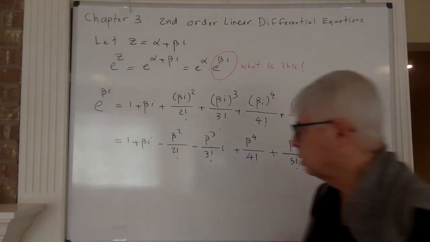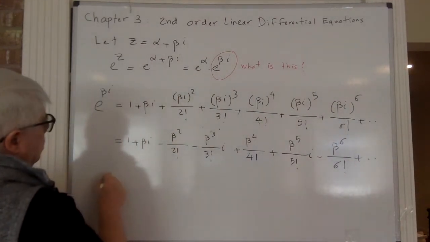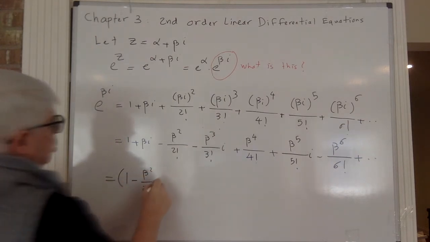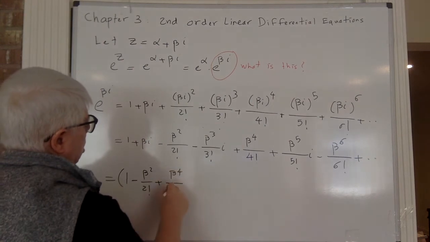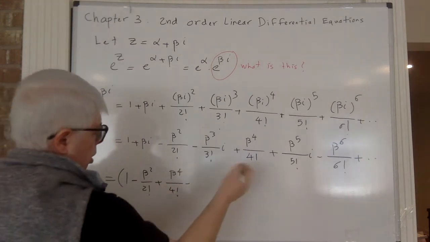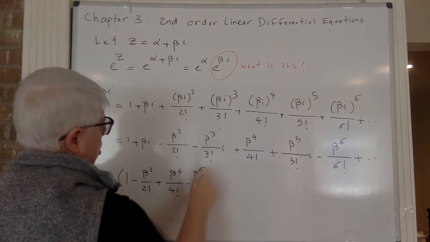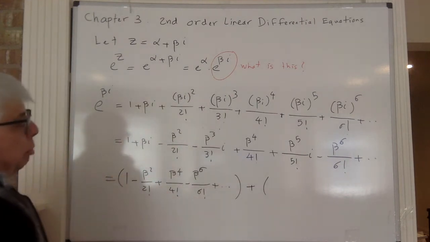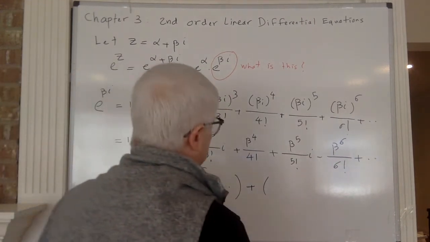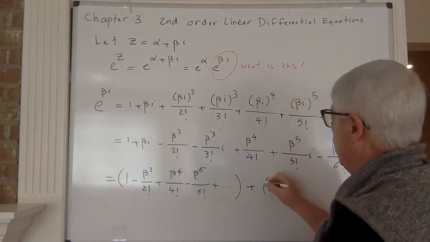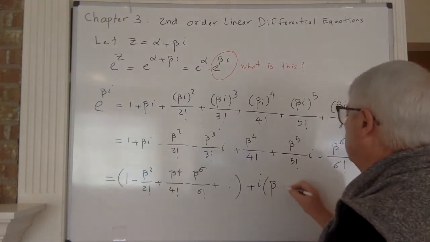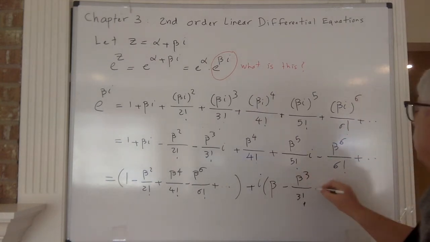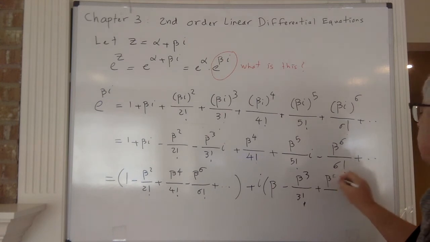So let's put them together. That is 1 minus beta squared over 2 factorial plus beta to the 4 over 4 factorial, and so on. That is the real part of this, and the imaginary part will be i times beta minus beta cubed over 3 factorial plus beta to the 5 over 5 factorial.